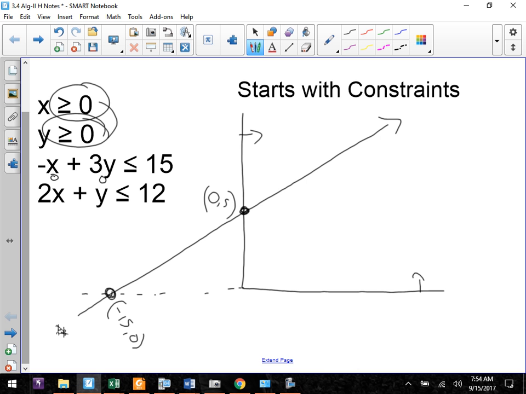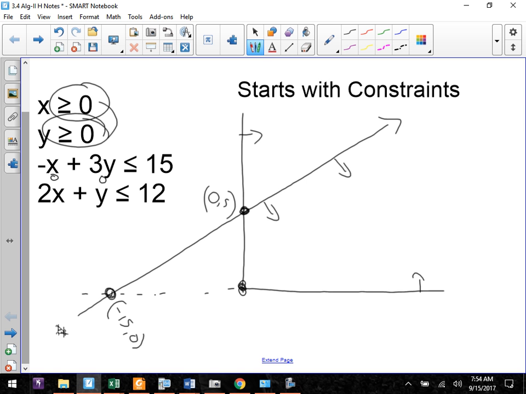So is it true or false at the origin? It's true, so it's going to shade downward. Good. And this is the reason why I'm drawing those arrows. Remember I started doing that a little bit more yesterday and in the past couple of days, just by pointing direction? Because it's going to be a lot cleaner as you go along.